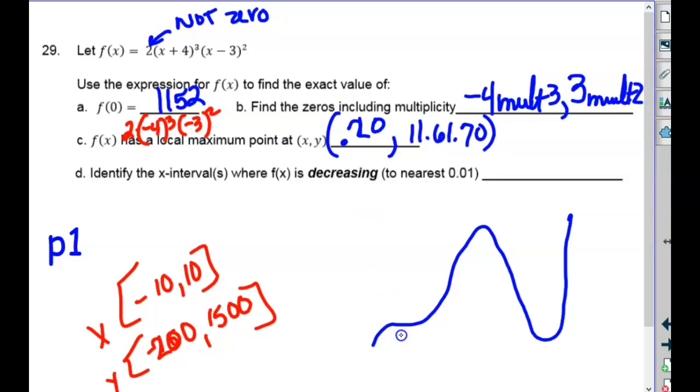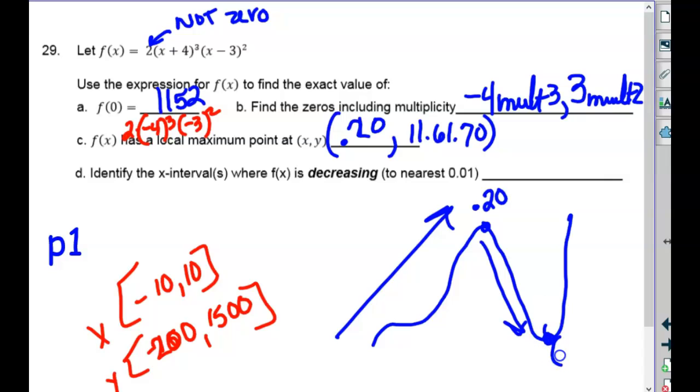Where is it decreasing? This is all increasing, and then it's decreasing here. So this had an x value up here of 0.20, and I need to find the x value of the minimum down here, which is somewhere between, I would say, 2 and 5.